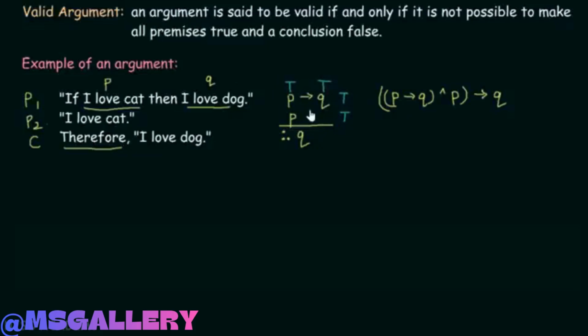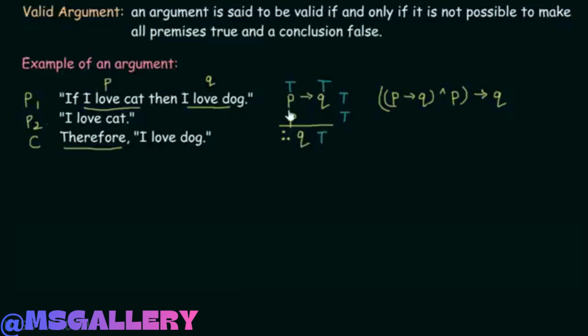In order to make this compound proposition true, we cannot make this Q false. If we make this false, then this whole compound proposition becomes false, which is against our assumption, right? Hence Q must be true. And if Q is true, therefore the conclusion must also be true, right? Because our conclusion is Q only, hence this conclusion is also true.